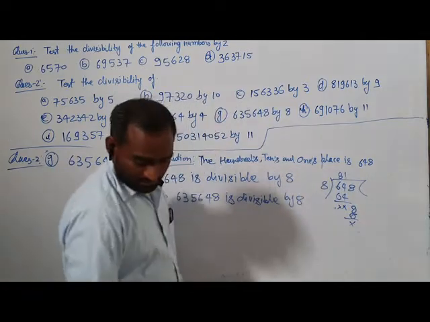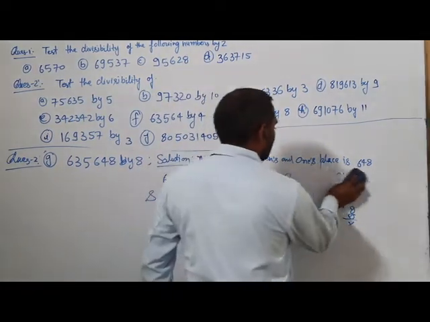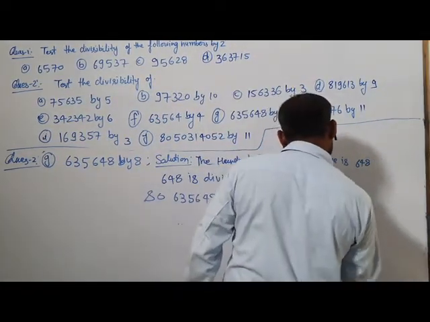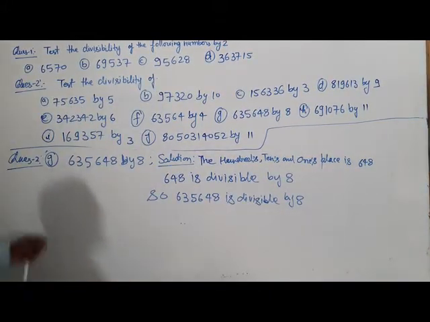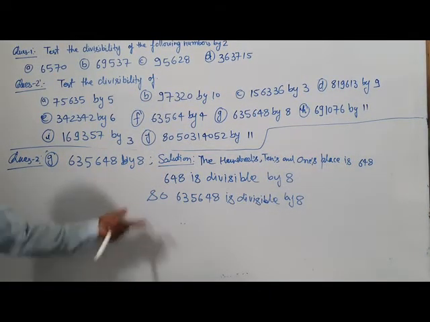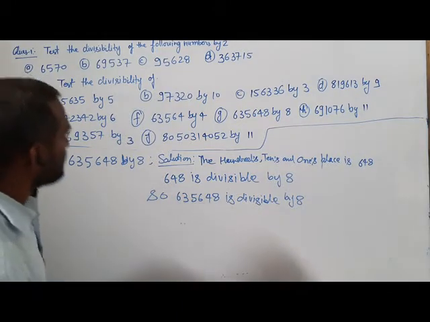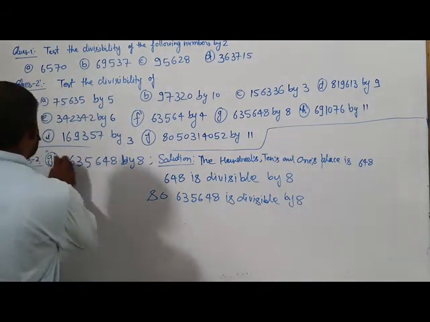So it is exactly divisible by 8 in the last three digits from the right hand side. In this way this number is divisible by 8. So let's try the next option.